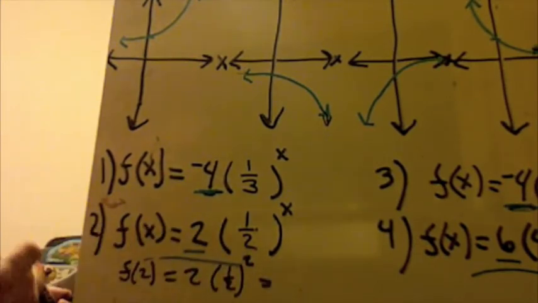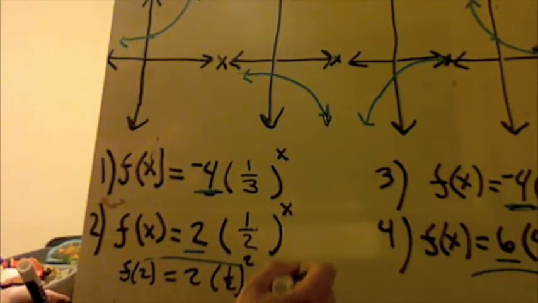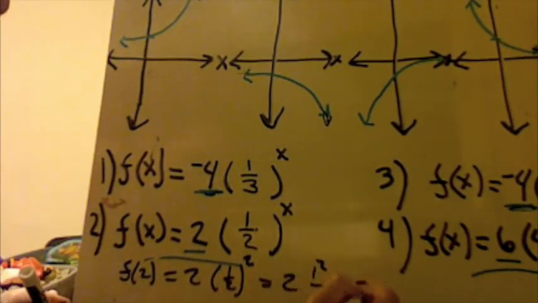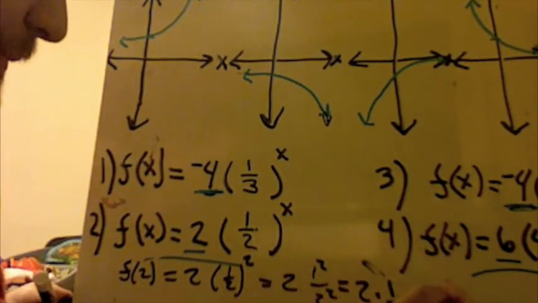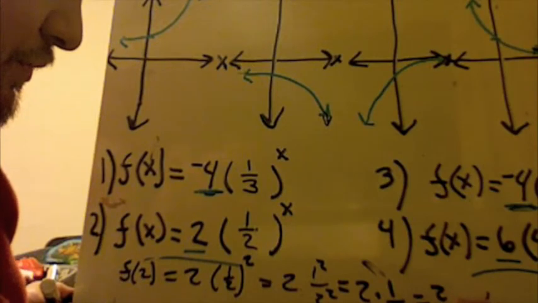Well, what's 1/2 squared? 1/2 squared is 1 squared over 2 squared. So that would be 2 times 1 over 4, which gives me 2 over 4, which is 1/2.